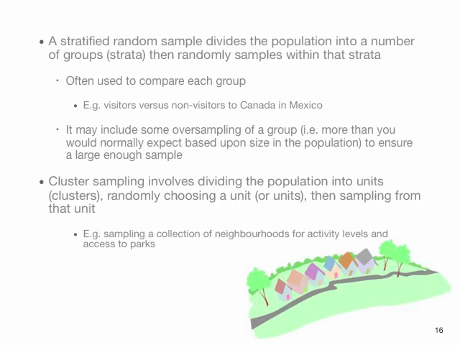So suffice to say, stratified random samples are getting into the more complex way of getting a random sample or getting a group in your population.